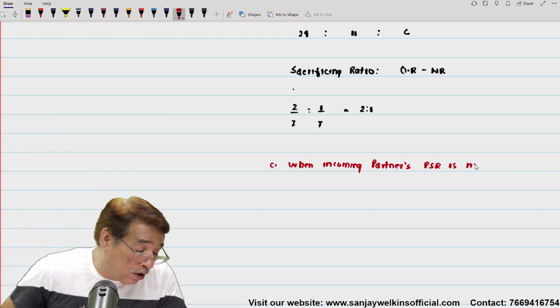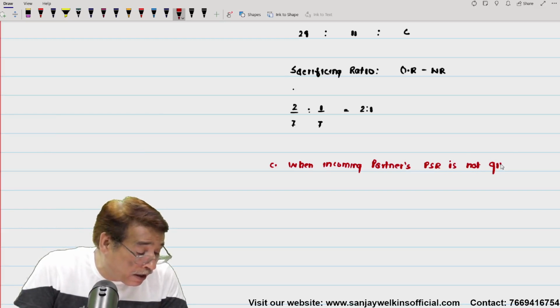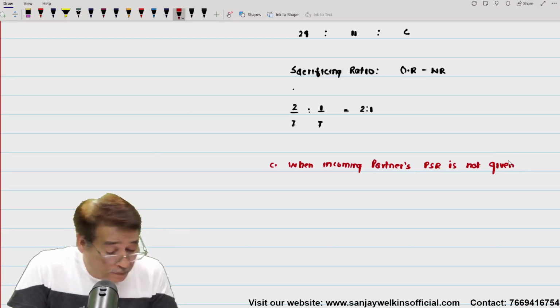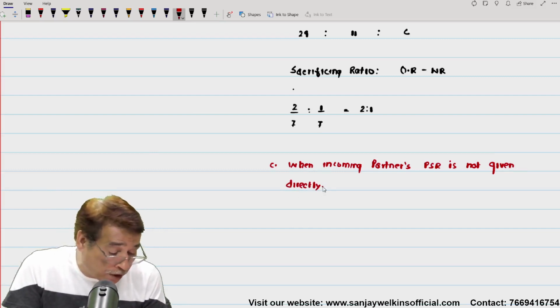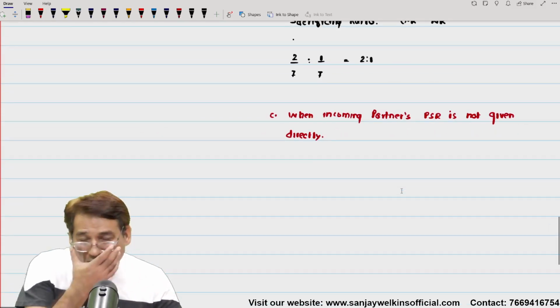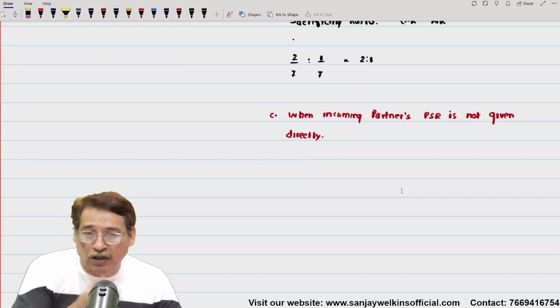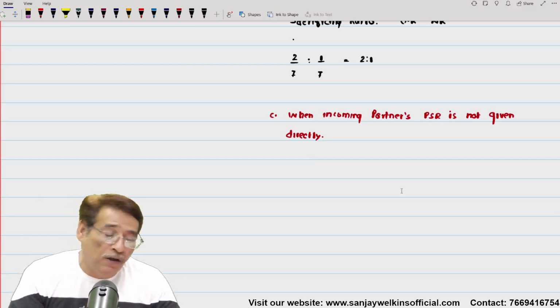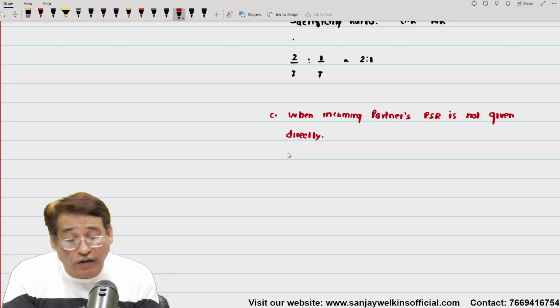This is the third situation. Under the third situation, you will not be given the new partner's profit sharing ratio in a straight manner. For example, in the first two situations, we saw that the new partner's profit sharing ratio was 1/5. In the second situation, it was 3/7. It was given in a straight manner. However, under this situation, it will not be given in a straight manner.